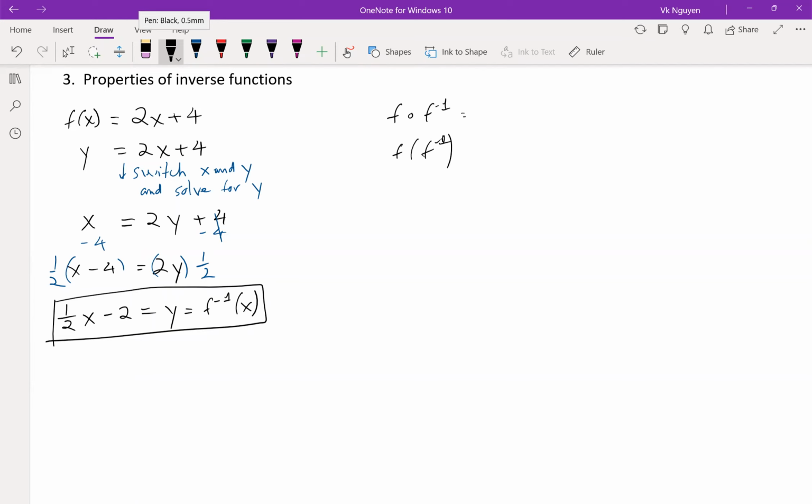So it would be F of 1/2 x minus 2. Substitution. 2 times 1/2 x minus 2, plus 4. Distribute, so I have x minus 4 plus 4. X. F circle F inverse is x.